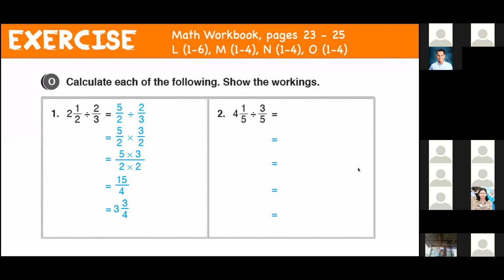It is 21 over 5 divided by 3/5. 21 over 5 times the reciprocal of 3/5, which is 5/3. Actually, you can cancel 5 and 5. So 21 times 5 is 105, 5 times 3 is 15. When you divide 105 by 15, the answer is 7. So the answer in number 2 is 7, a whole number, not a fraction. Okay? You copy the steps.